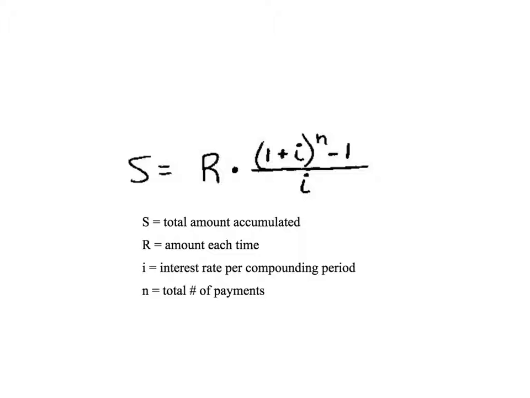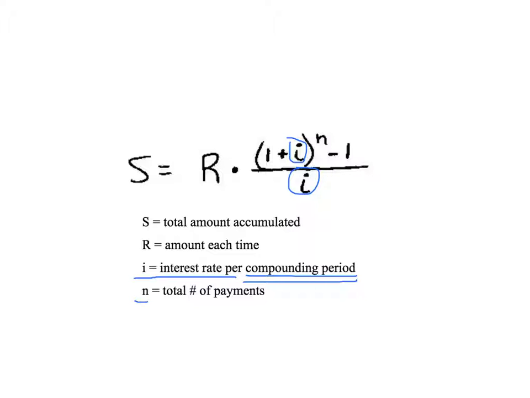I do want you to pay particular attention to a couple of things here. First of all, notice what the I is equal to. The I is the interest rate per compounding period. It is not just whatever the interest rate is. And there are a couple of I's in the formula that you will have to work with.